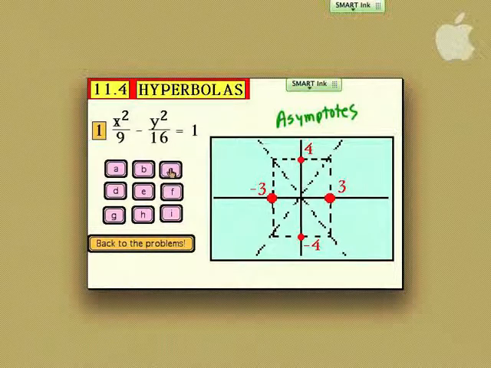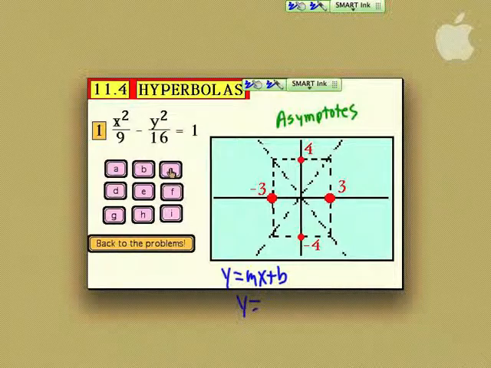You notice that they both go through the origin. The general equation of a line is y equals mx plus b. They both go through the origin, so that means the b for both is 0. And so we'd have y equals mx. Well, what's the slope? If we start at the origin and go to the right 3, we go up 4, the slope is 4/3.